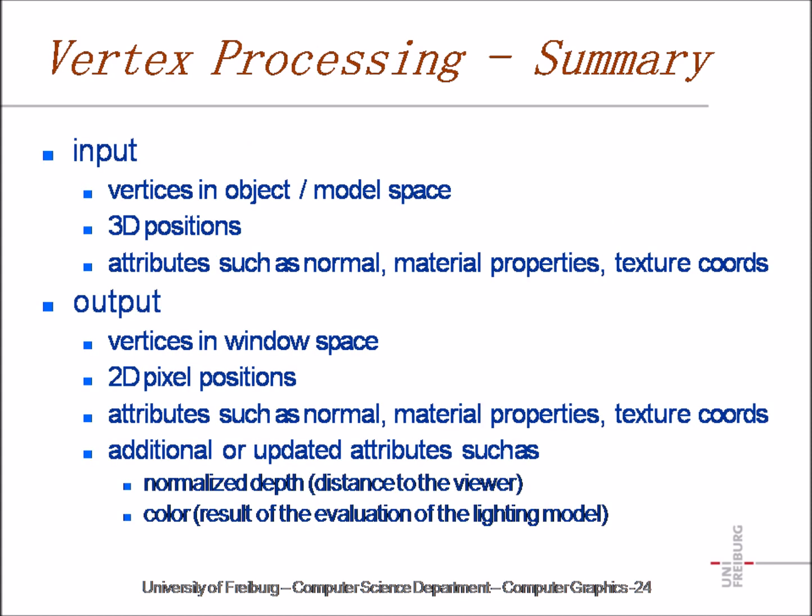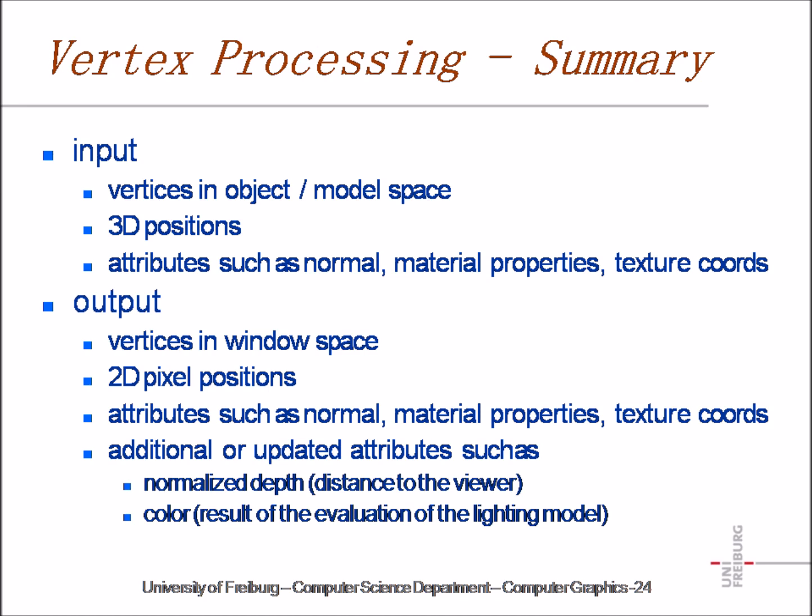In this slide, the vertex processing is represented in the form of input and output. That is, what is required for vertex processing as an input and what is available as an output after vertex processing. So as an input, what is required for vertex processing? Number one, vertices in object model space, 3D positions, attributes such as normal, material properties, texture, colors, etc. And finally, what is available as an output after vertex processing?